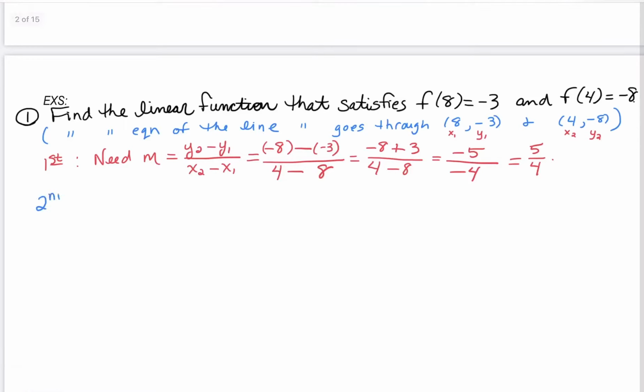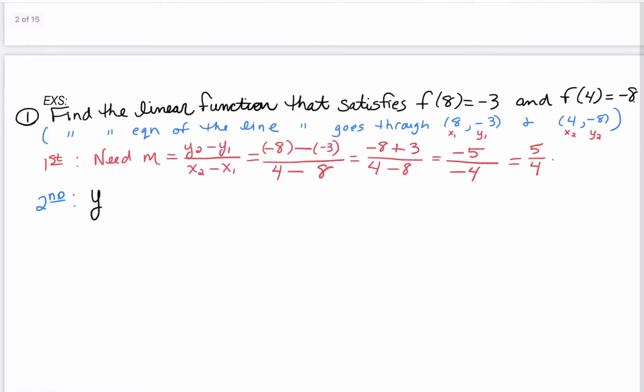All right, now our second step is going to be to find the equation of the line. There are 2 different ways you can go about this. You can use the point-slope formula, which, if you forgot, is on the first page or the last page.